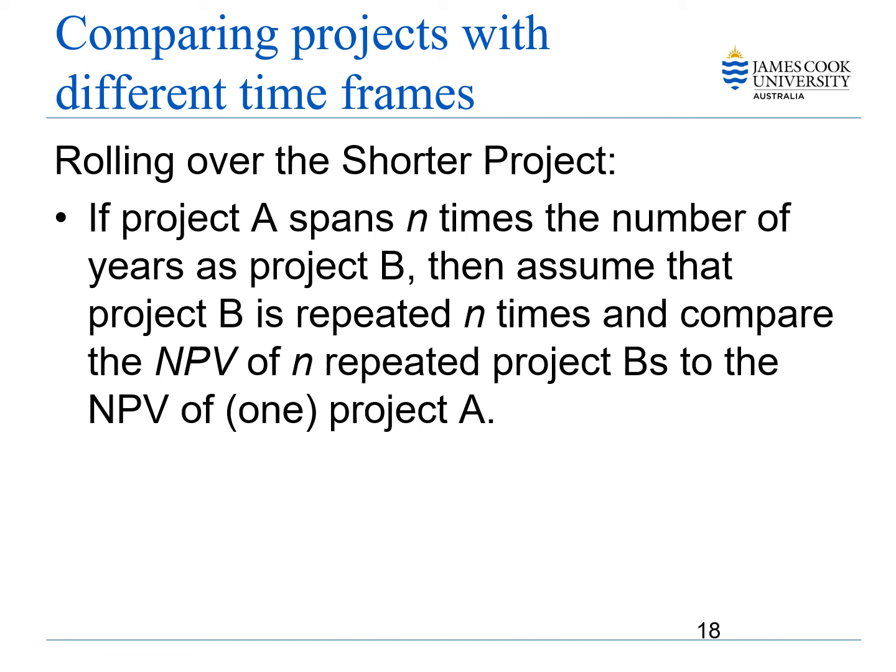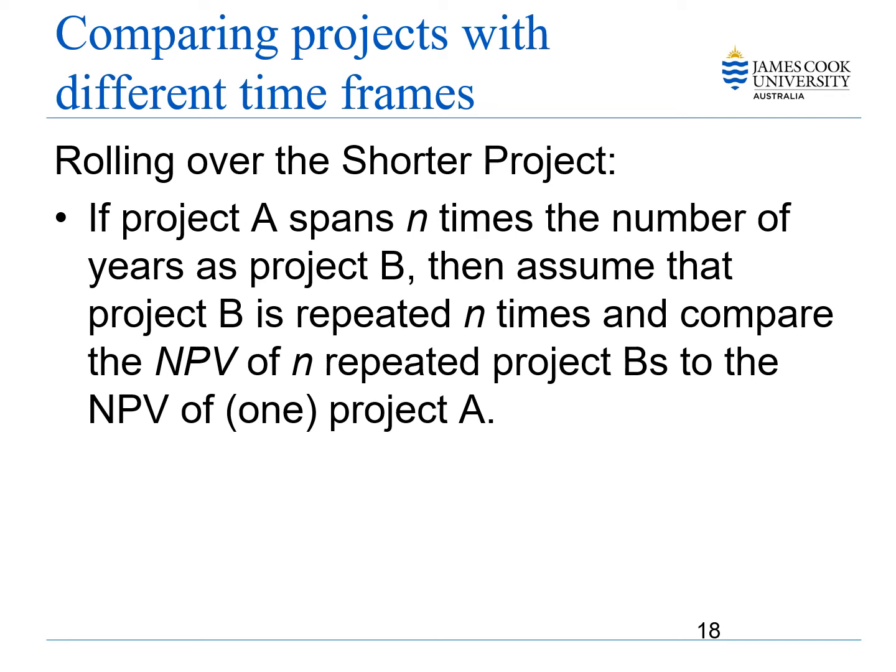So the idea here is to roll over the shorter project so that it has the same number of periods as the longer project, and then compare the NPV of the long project and the NPV of the rolled over projects, such that we can be sure that we are indeed comparing apples with apples.